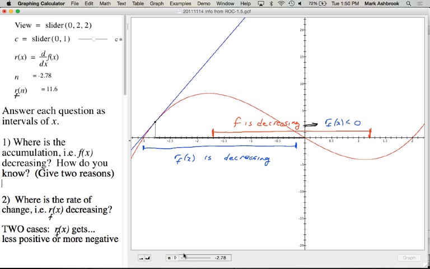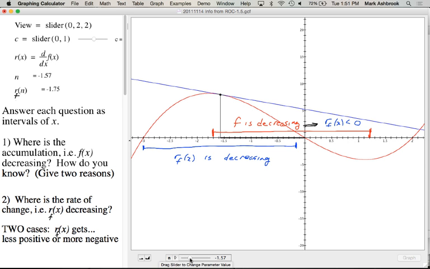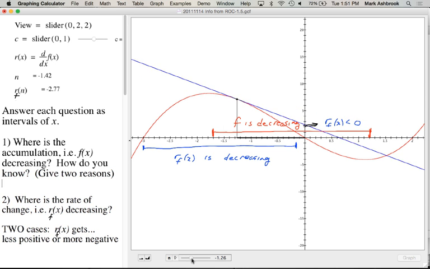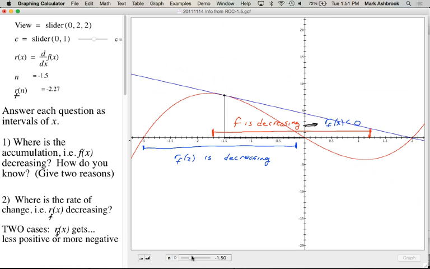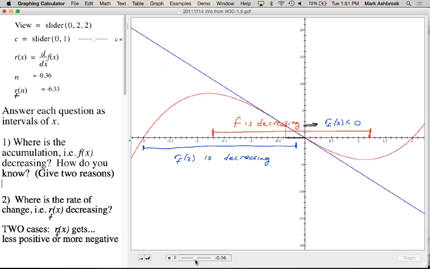But as x increases there, what happens to the rate? The rate is decreasing there, right? So it's still going up, but not as fast, until we get to a zero rate. And then after that, the rate is negative and becoming more negative. So in this whole interval, becoming less positive and more negative, the rate of change is decreasing the whole way.